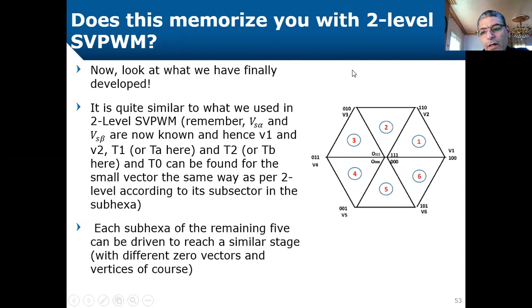You end up with an arrangement exactly like this from the viewpoint of 0 and 1 voltages.